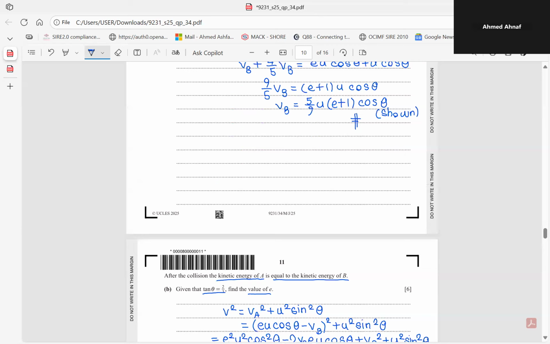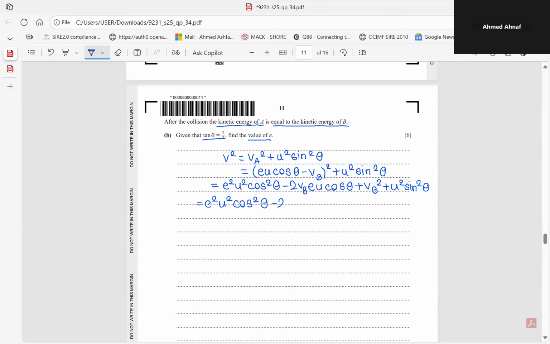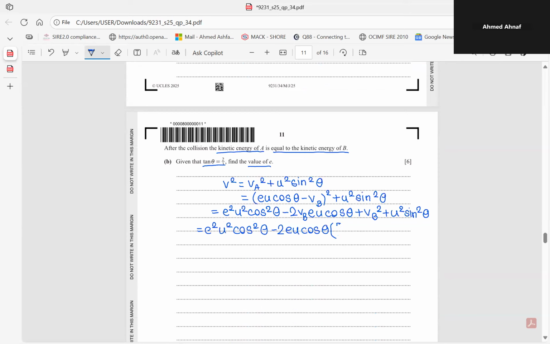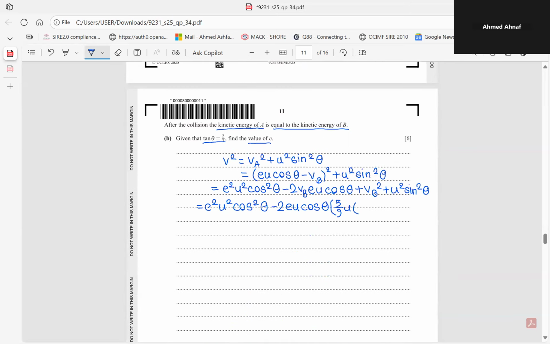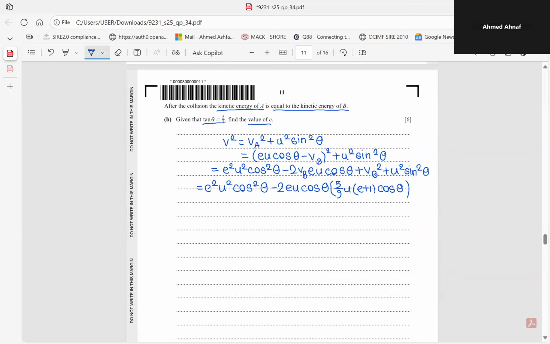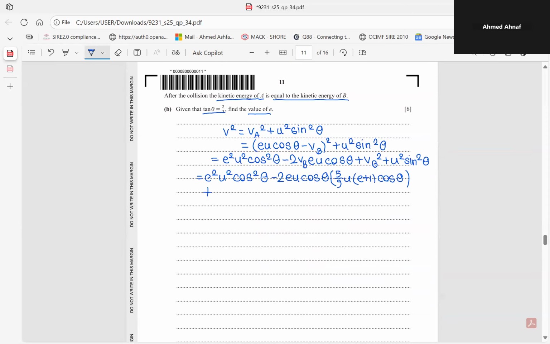For VB, we're going to do 2 e u cosine theta, and then VB would just be 5 over 9 u times (e plus 1) cos theta, plus VB squared.